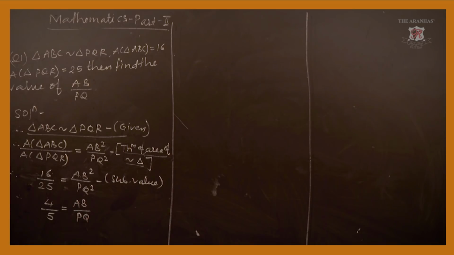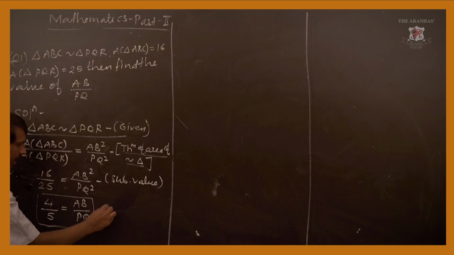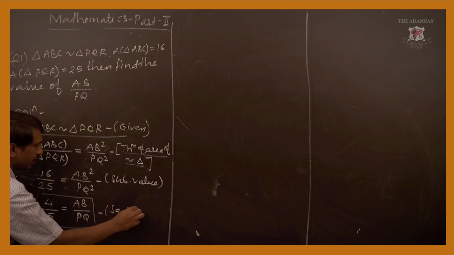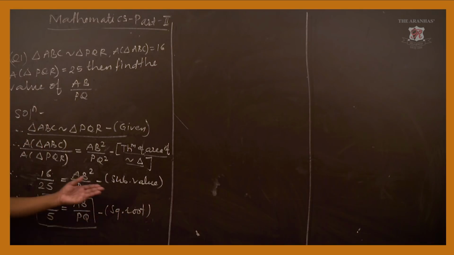We write the reason: by taking the square root. That gives the value of AB upon PQ, which is asked. This example always comes for 1 mark only.